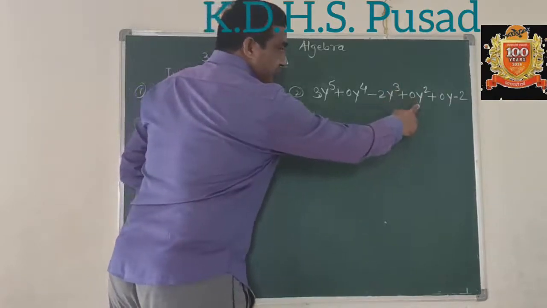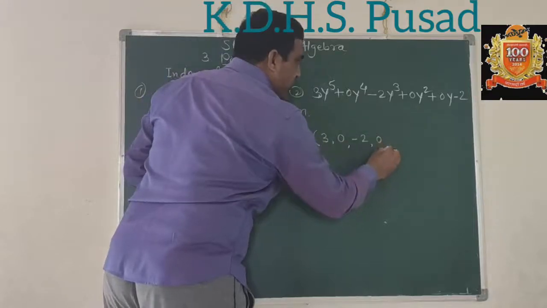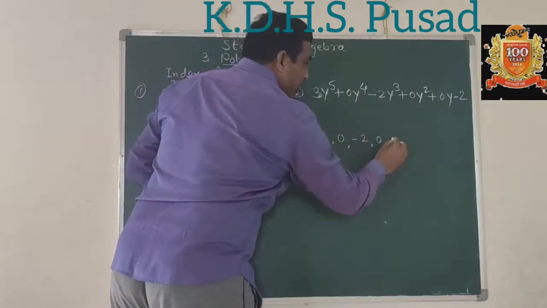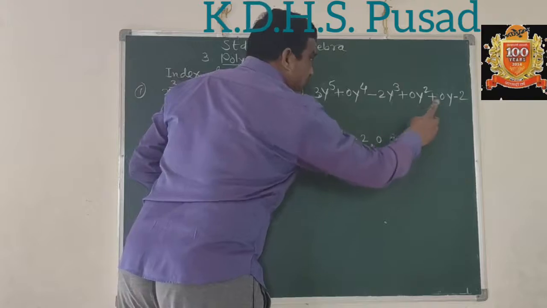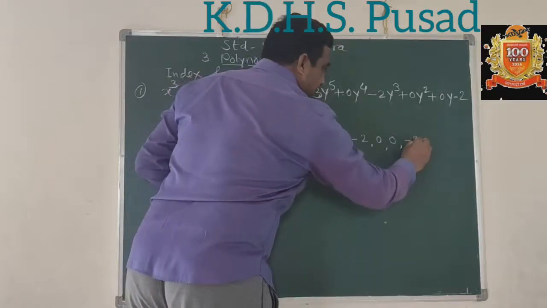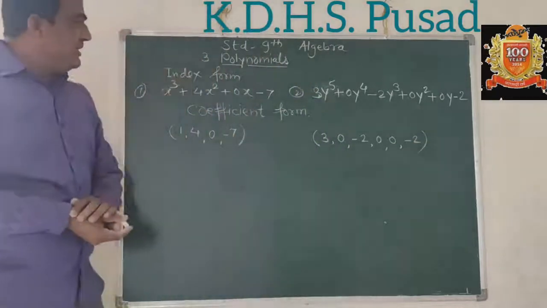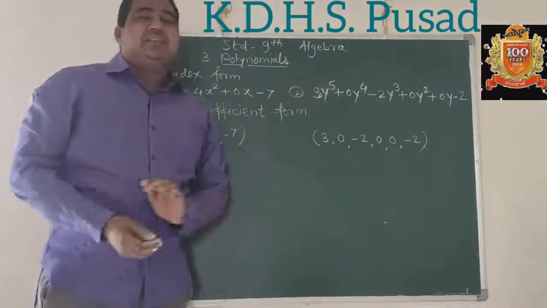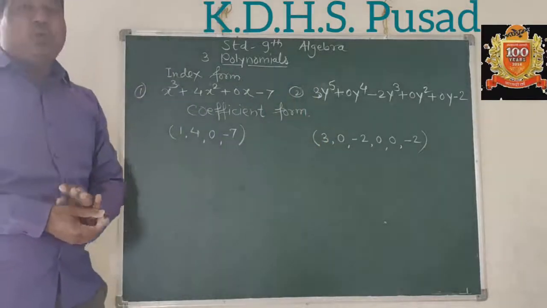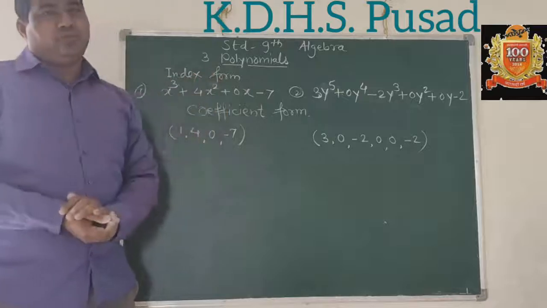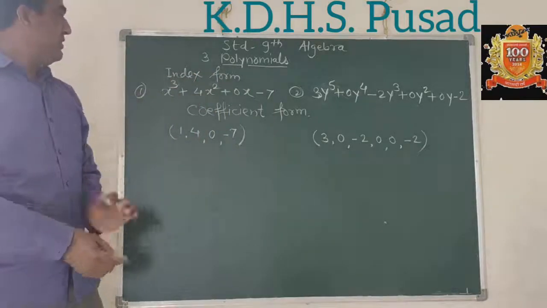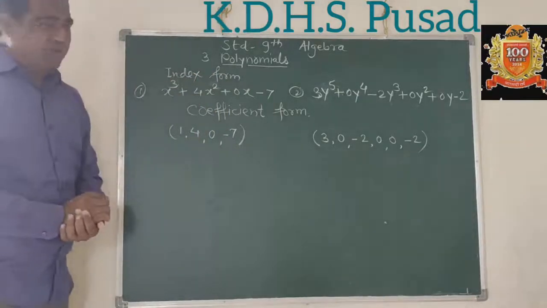Then the coefficient of y square, 0, so 0. Then the coefficient of y, that is 0. And then the last one, the constant term, that is minus 2. So, in this way, you write the polynomial in coefficient form also. That is index form, coefficient form.